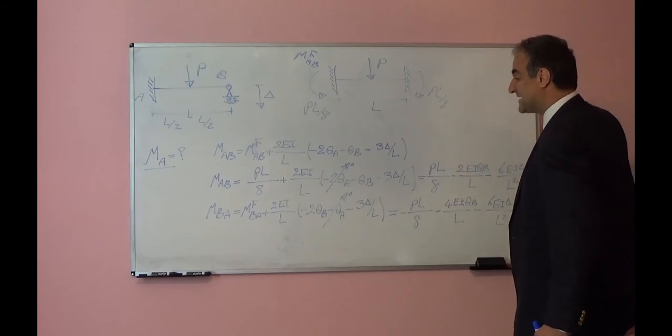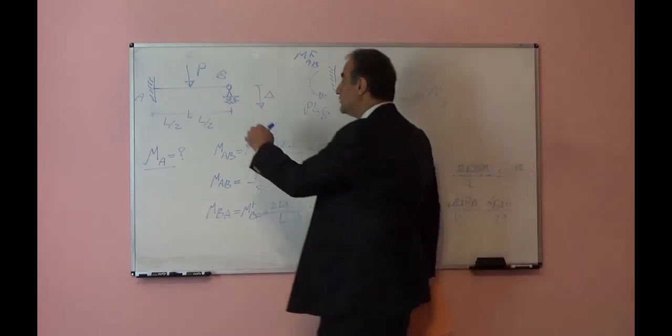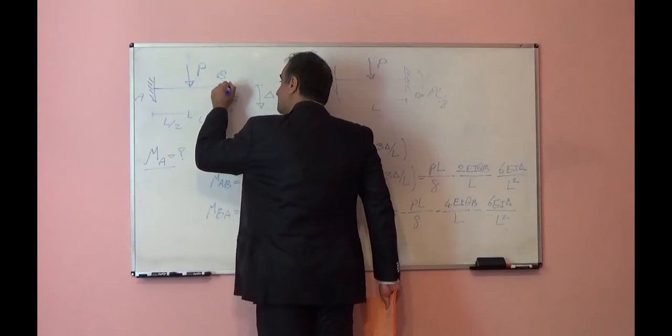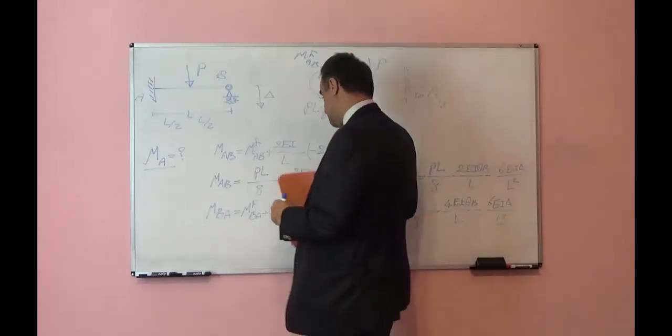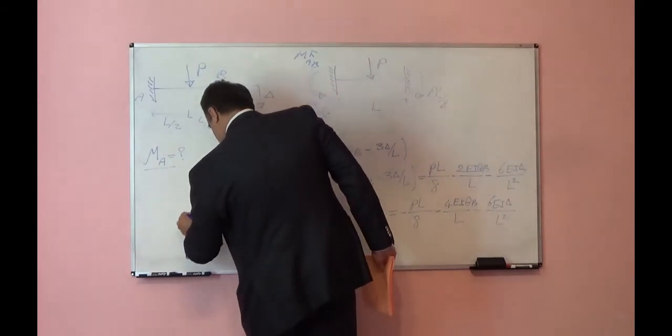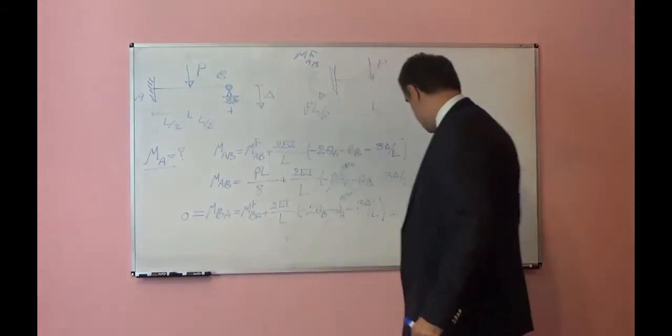What is MBA? The moment at point B, because it is a hinge, is equal to 0. So I can plug this one equal to 0.